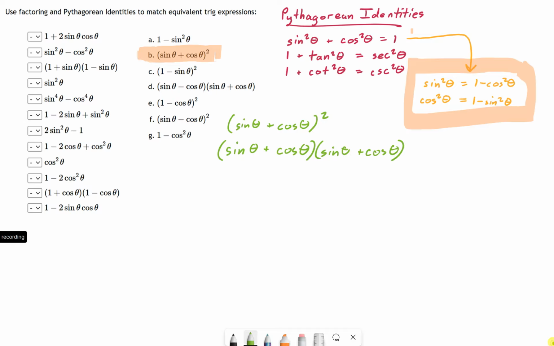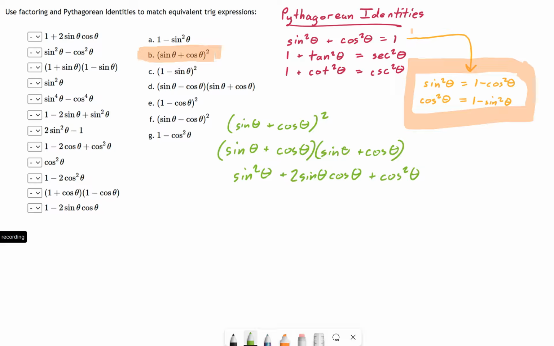So we're going to do FOILing now, which is going to lead you to sine squared theta plus, I'm going to skip a few steps here, 2 sine theta cos theta, and then plus cosine squared theta. If you're not seeing that, write it out yourself for 10 seconds and you'll see how all the terms match up.